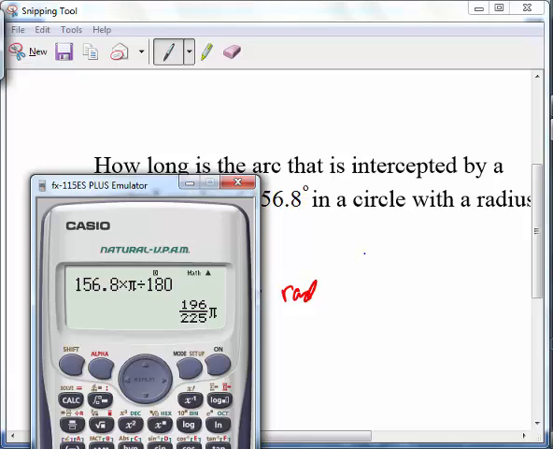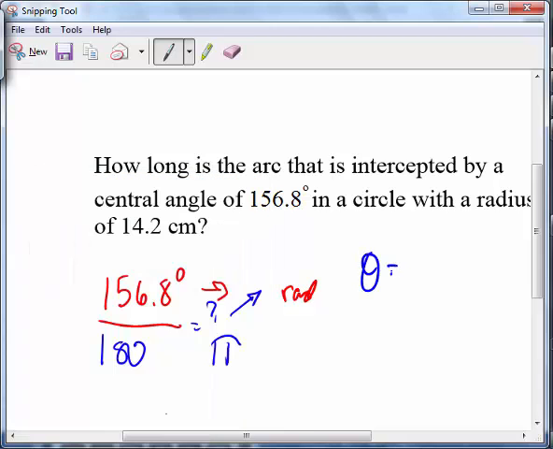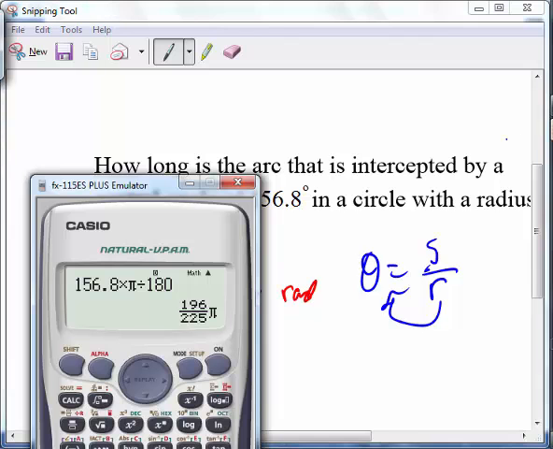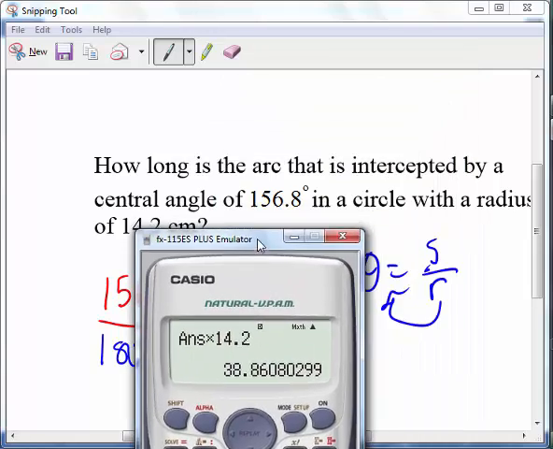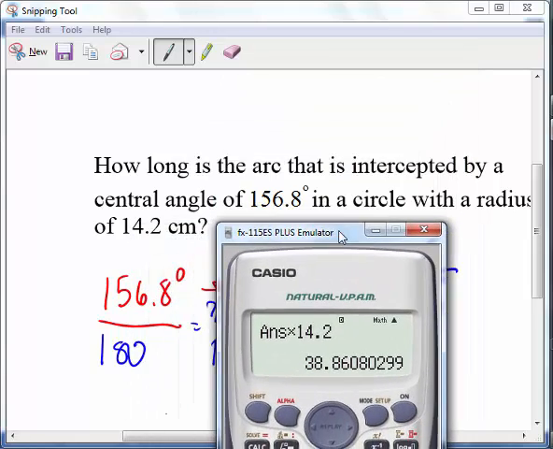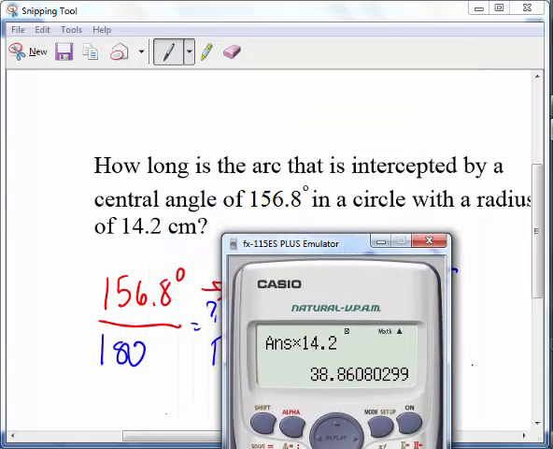So theta is S divided by R, or in this case, we multiply by R to get S. So times 14.2, and we get 38.9 centimeters. Next one.